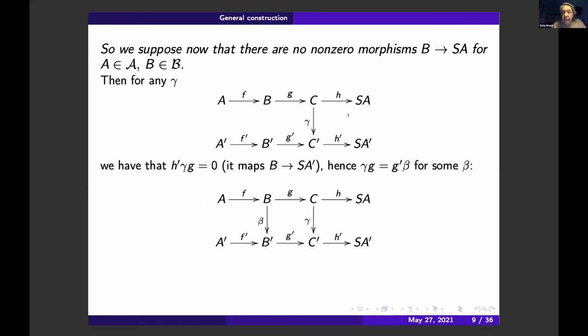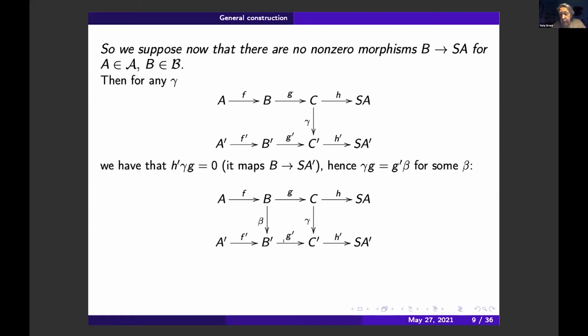Then, if we have these two exact triangles and gamma from C to C prime, then this product, h prime gamma going this way, is zero. It is a map from B to SA prime. Hence, g gamma factors through B prime.